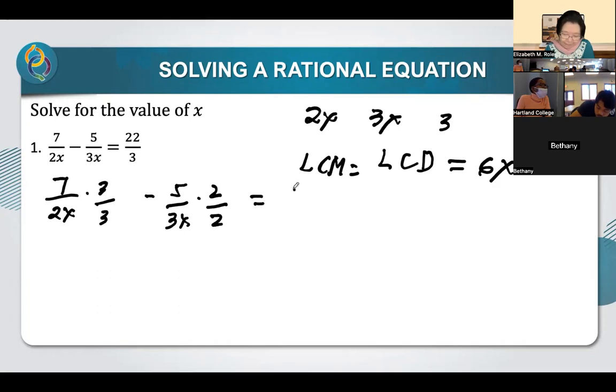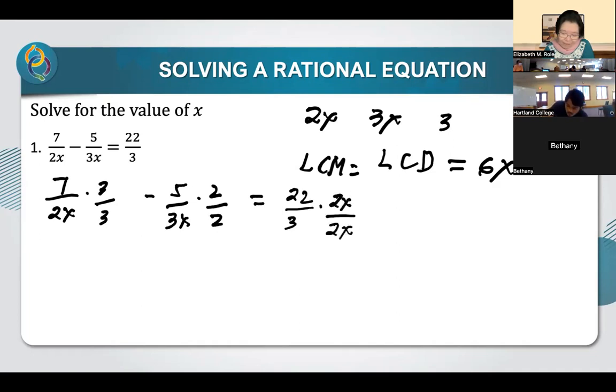And then 22 over 3, we also want to have the same LCD, all right? So we multiply this by what? 2x over 2x, right? So that all of them will have 6x as our denominator.